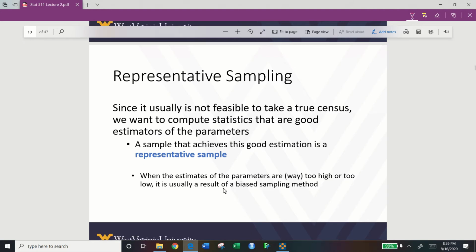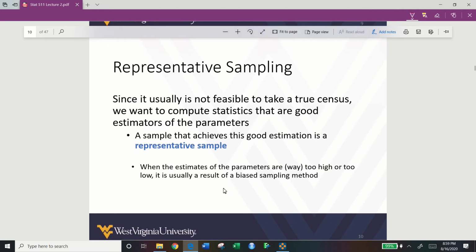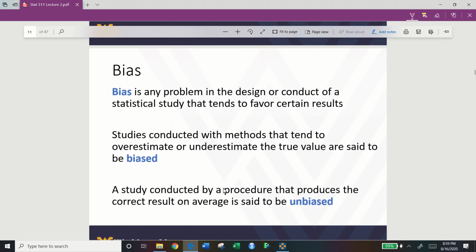So from our slide, since it's usually not feasible to take a true census, we want to compute statistics that are a good estimate of the parameters. A sample that achieves this good estimation is a representative sample. When the estimate of the parameters is way too high or way too low, it is usually the result of some sort of biased sampling method.